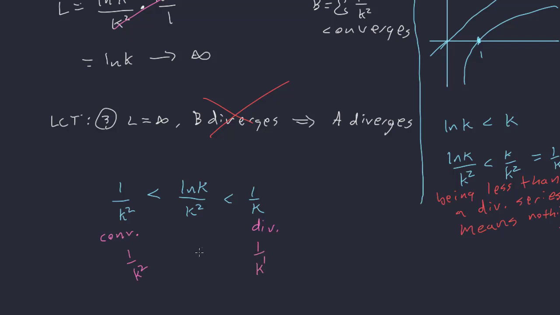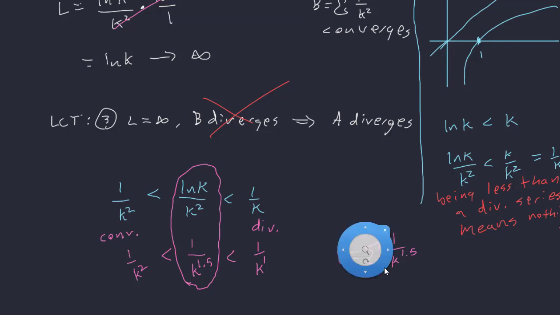Maybe we should try something like 1 over k to the 1.5, something in between these two, and use the limit comparison test and see what happens there. Because if we set our b equal to this series, this is a convergent p-series, so we still know what's going on here.